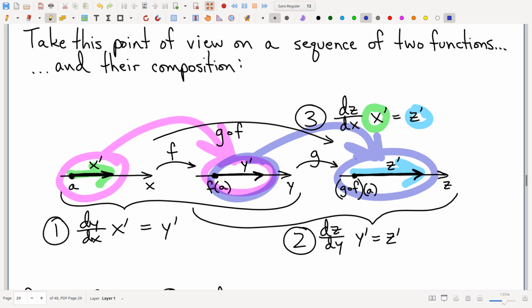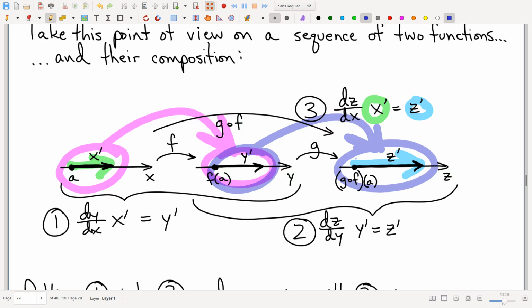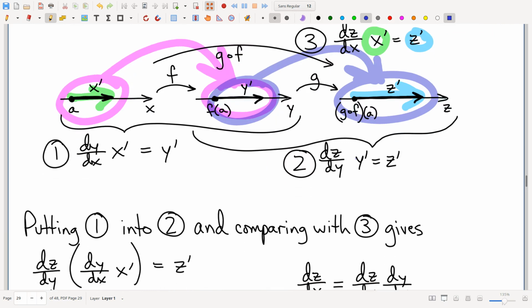So altogether, what do you do to x prime to produce z prime? You multiply by the derivative of f, and then you subsequently multiply by the derivative of g. Altogether, you've multiplied by their product, g prime times f prime. So that's the chain rule, the single variable chain rule.